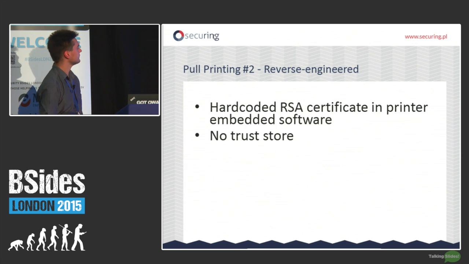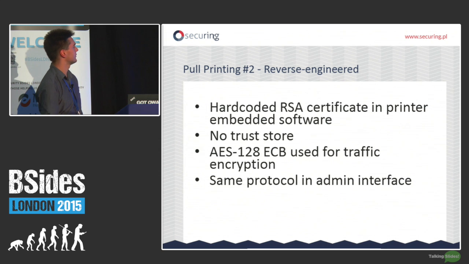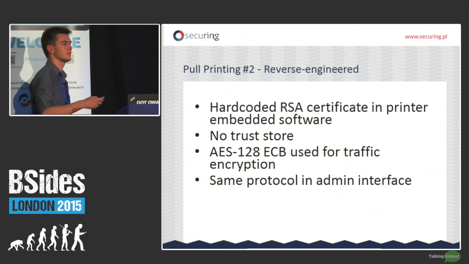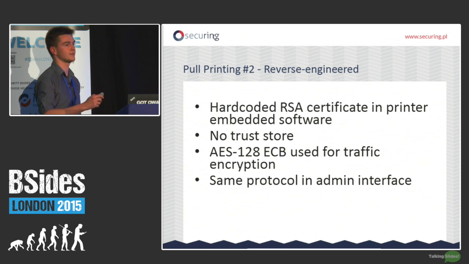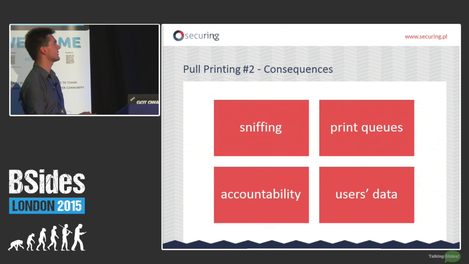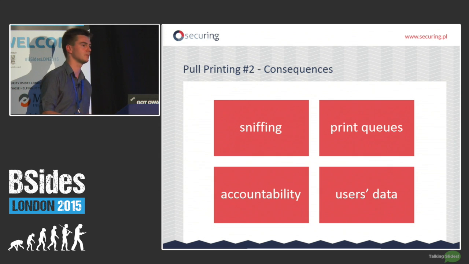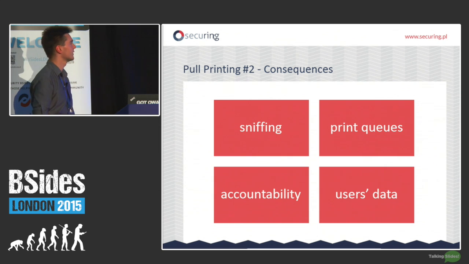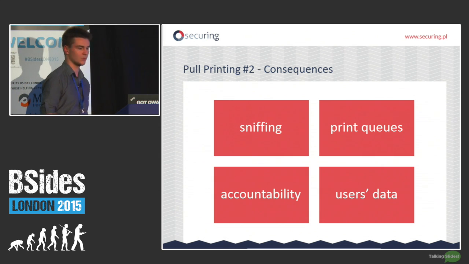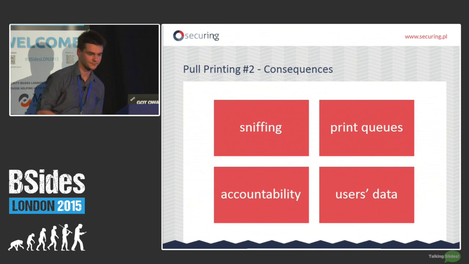The same protocol we found in the admin interface, so we could also do the man-in-the-middle attack against the administrator of this device. Of course, the consequences of this attack are pretty much the same. All of the key risks for a pull printing solution were broken. We could actually do all of the attacks.